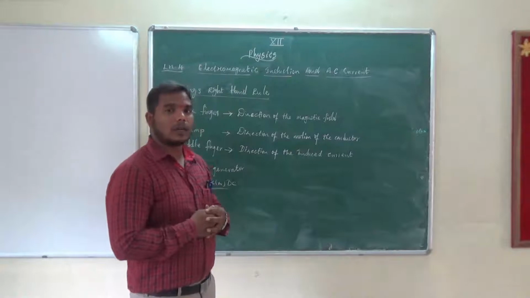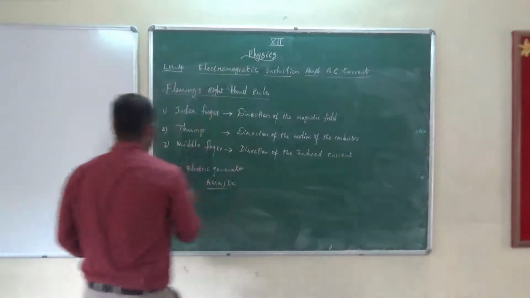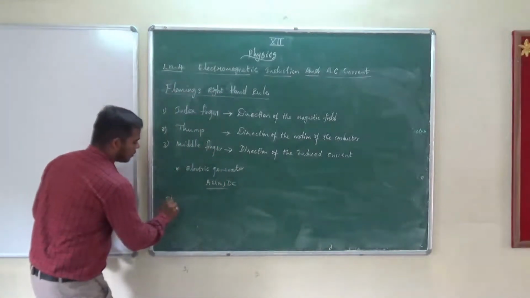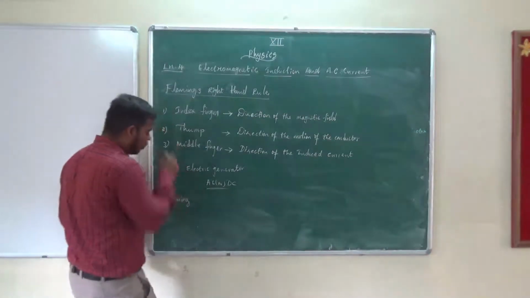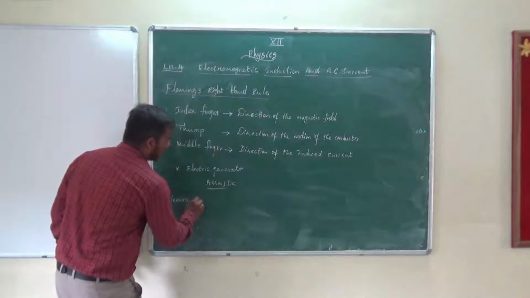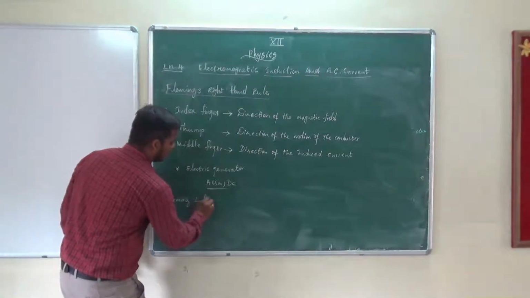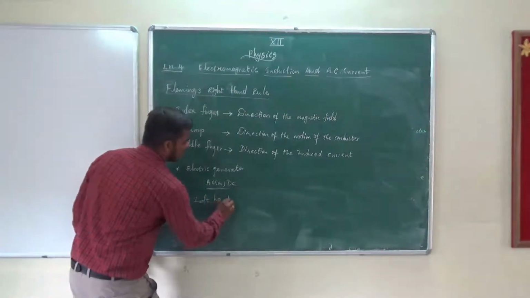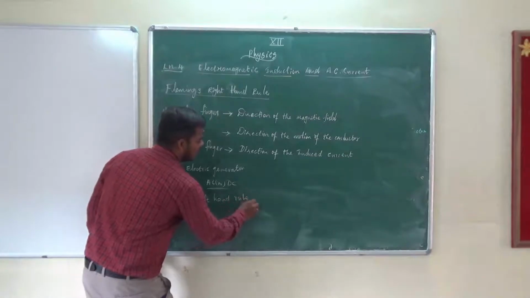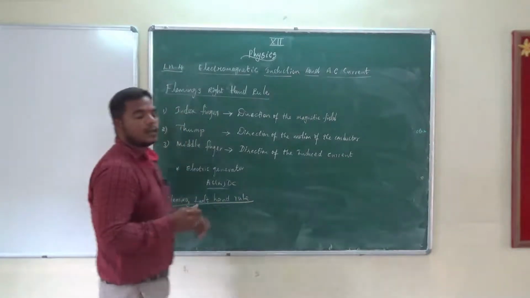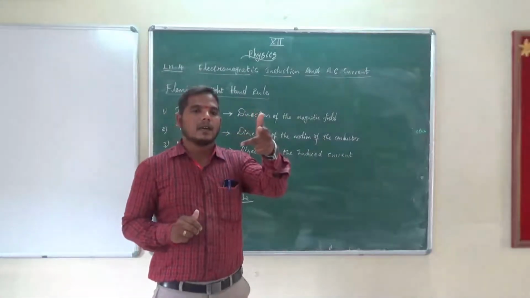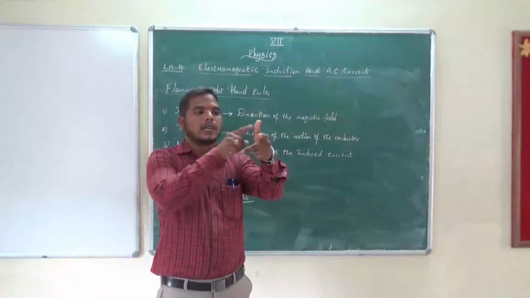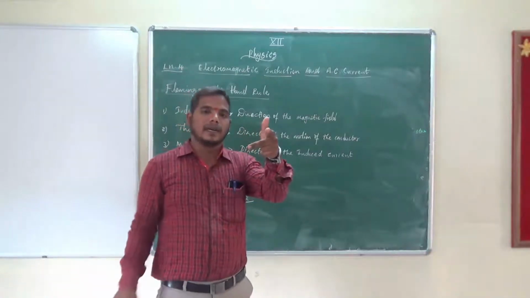Next, I already told you we will recall the Fleming left hand rule also. We have already discussed it, so no problem, I will recall it once again. It is the same as for the right hand, but take your left hand and stretch the three fingers mutually perpendicular to each other: thumb, forefinger and middle finger.